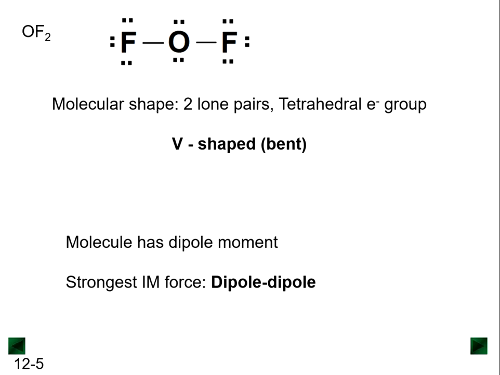Therefore, the strongest intermolecular force that occurs in pure oxygen difluoride is the dipole-dipole force. There will be contributions, of course, from other weaker forces, which will involve temporary dipoles and dispersion forces.